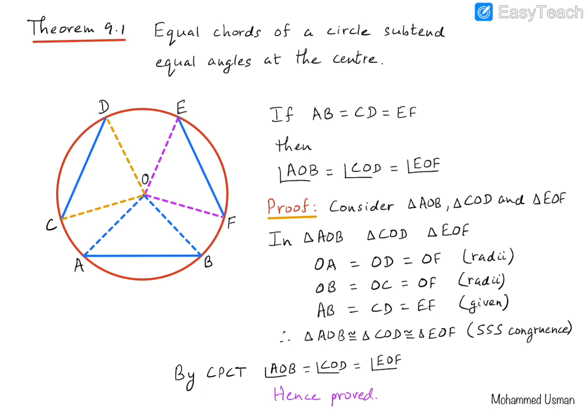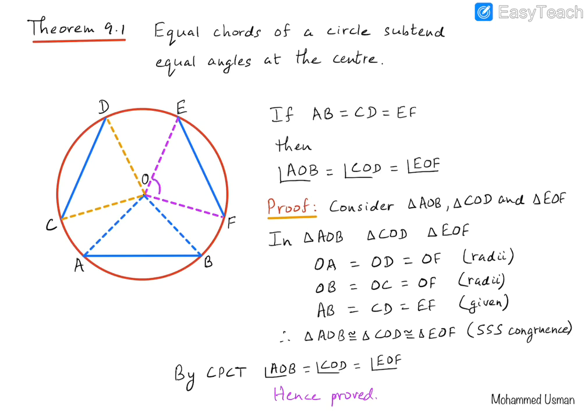Okay, what this theorem says is that if the lengths of these chords AB, CD, and EF are equal, then the angle subtended at the center by these chords will also be equal. That means angle AOB will be equal to angle COD will be equal to angle EOF. Okay, that's our first theorem in this chapter, which states that equal chords of a circle subtend equal angles at the center of the circle.